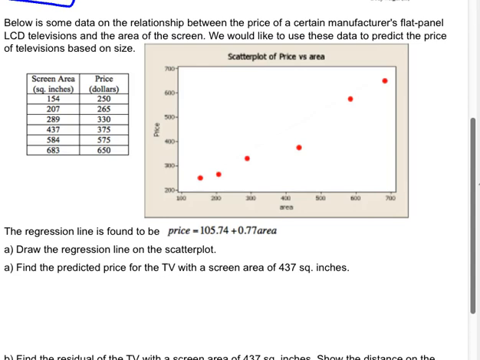And here they also are really nice, and they gave us the prediction line, or the line of best fit, sorry. So the first thing, part A, is if I just give you the line, I could actually ask you to draw it on that scatter plot.